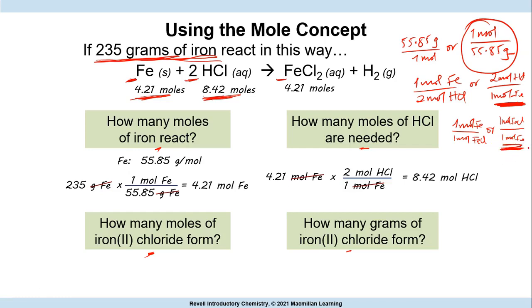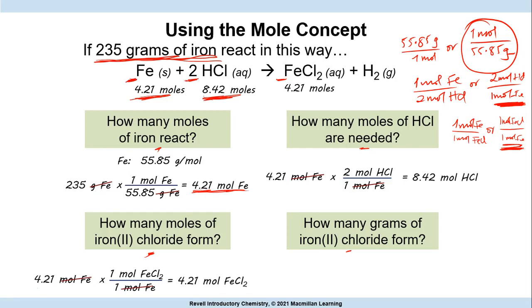So we are going to start with the 4.21 moles of iron that we already initially calculated to convert to moles of iron chloride. So 4.21 moles of iron times the conversion factor. So here we see that the moles of iron will cancel out the moles of iron, and we're left with moles of iron 2 chloride. So that gives us 4.21. So 1 mole of iron gives 1 mole of iron chloride. So 4.21 moles will give 4.21 moles.